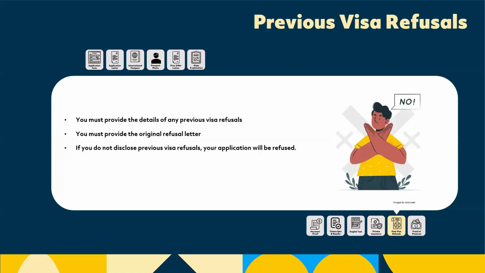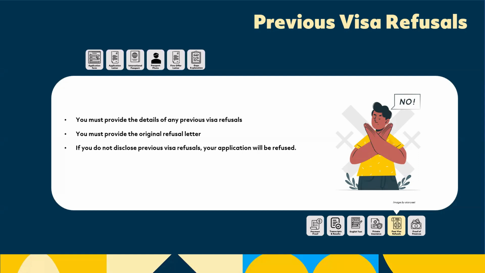Then this is very, very important. You must provide details of any previous refusals. So if you have ever been refused for a visa application in any country, you must provide details of visa refusals.